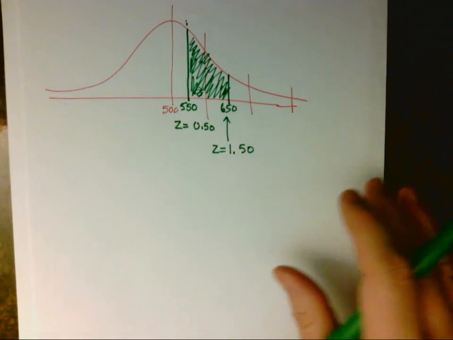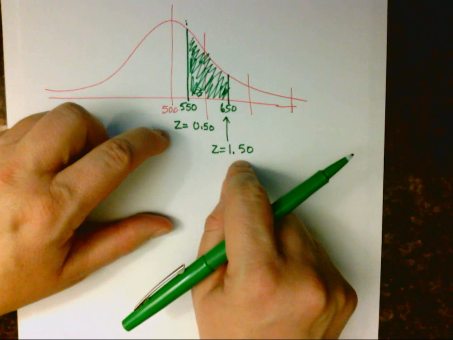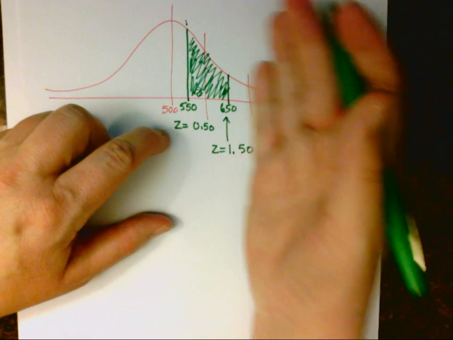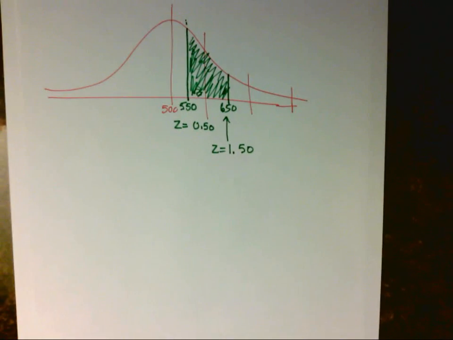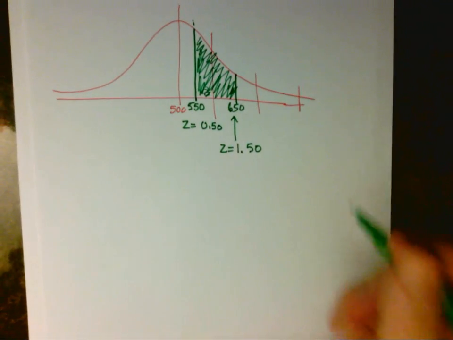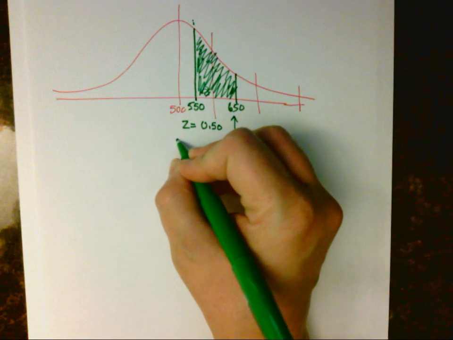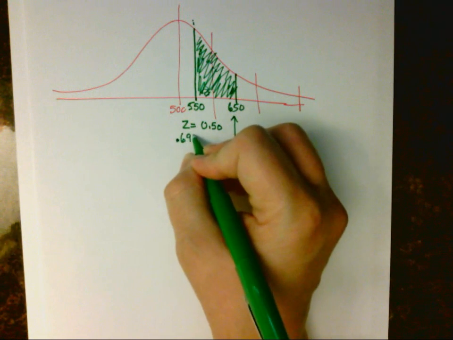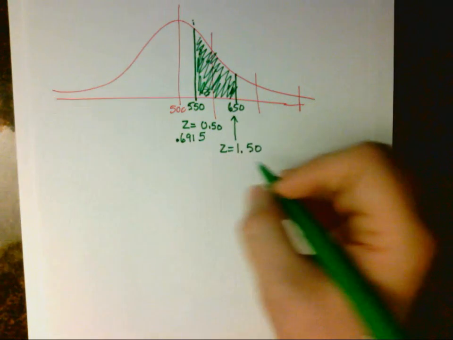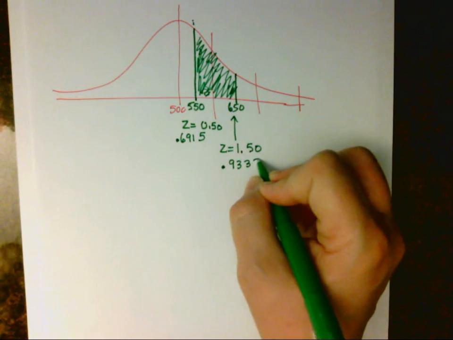Okay, now if you remember a minute ago, we simply need to look up both of these on the table, and they're both positive z values, so we use the table, the lookup table that looks like this, right? We look them up, and we've already looked them up, right? When we looked up the first one, we get a 0.6915, and we looked up this one, we got a 0.9332.